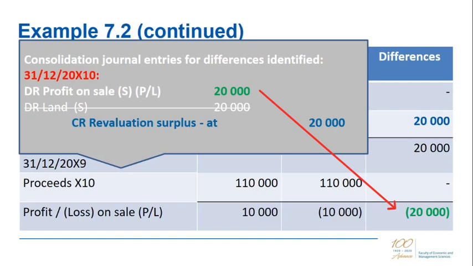To change that 10,000 profit to a 10,000 loss, I need a debit of 20,000 Rand through profit and loss. The first 10,000 will cancel the credit profit on sale, and the next 10,000 would recognize that 10,000 Rand loss.